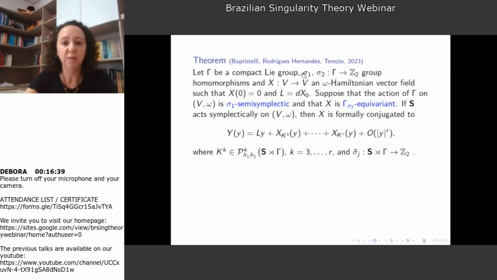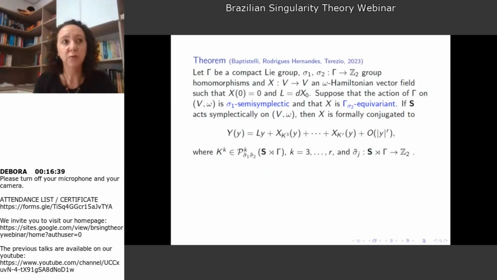For obtaining this result, we add the hypothesis that our Lie group is compact. This hypothesis is important because we use techniques that come from some results of Golubitsky and some results of Miriam, Manuel, Patrícia, Iris, and the others.